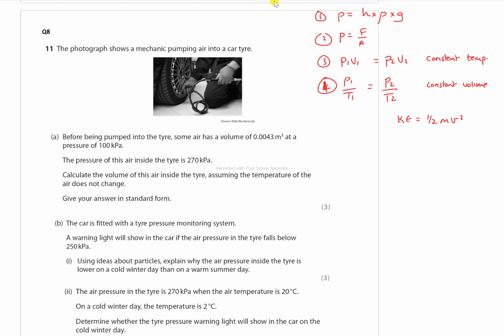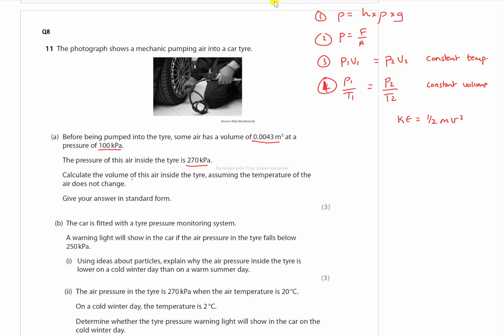Right, okay, before being pumped, some air has a volume of that at a pressure of that. The pressure of this air inside the tire is 270 kilopascals.